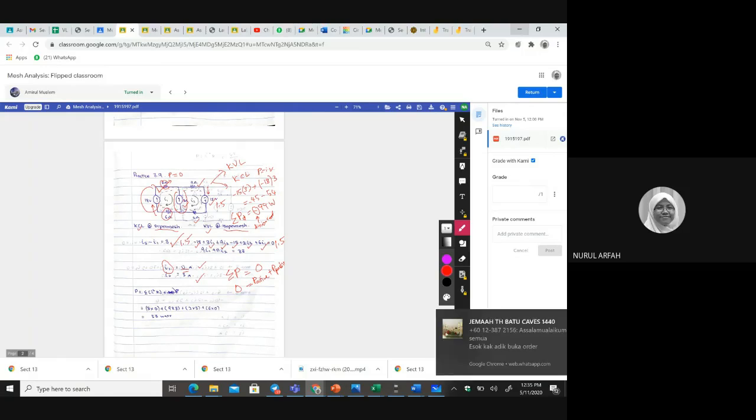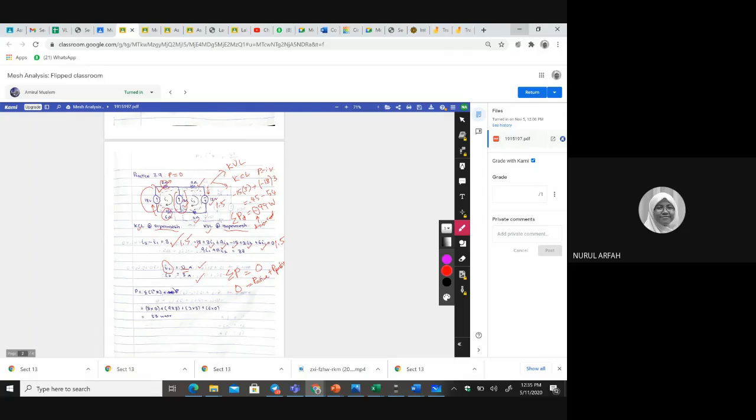When the circuit is in use, you will feel some heat. It's like the heat is transferred out. So that's why power is dissipated.